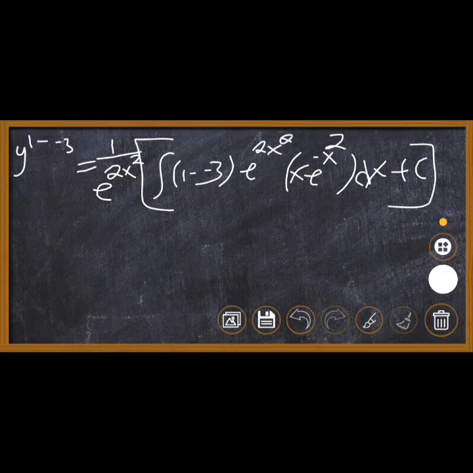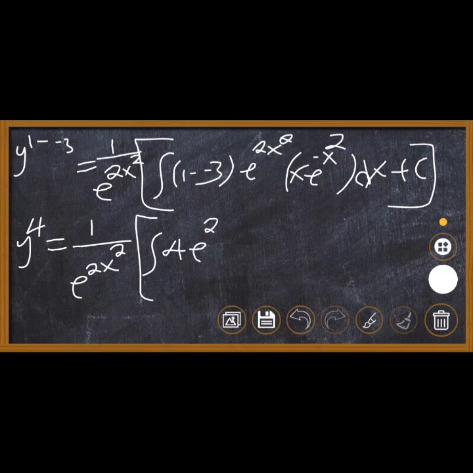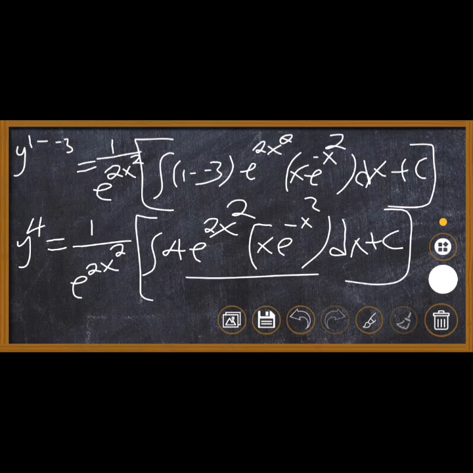So let's simplify this. So 1 minus negative 3, so negative and negative is positive, then 1 added to 3 is 4. So we have 4 there, over e 2x squared. So even in here we have in the brackets 4 e power 2x squared, and then in the brackets there we have x e power negative x squared dx, then plus the constant value c. So let's integrate this.